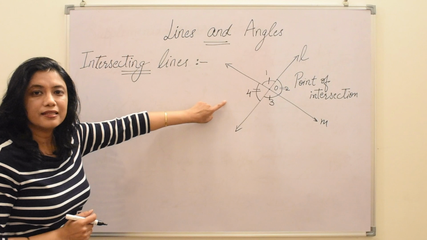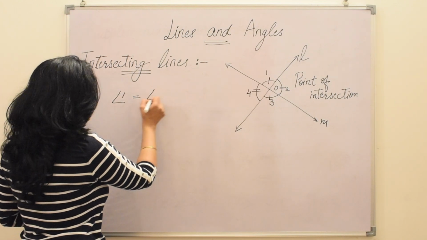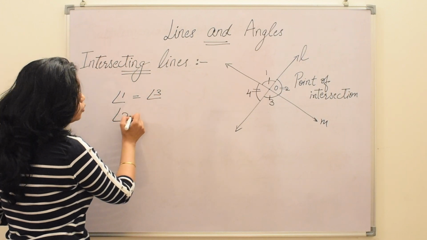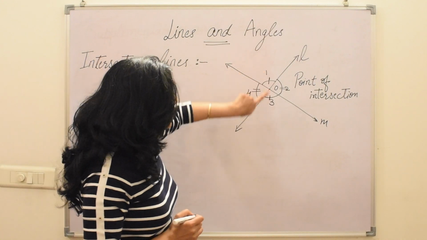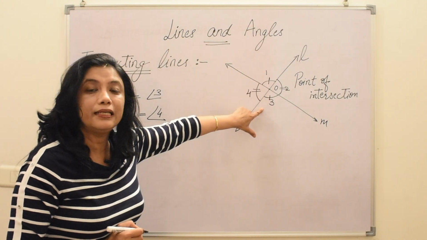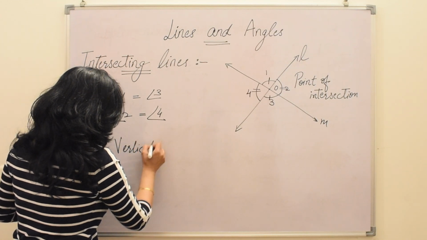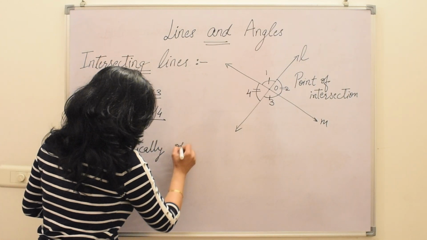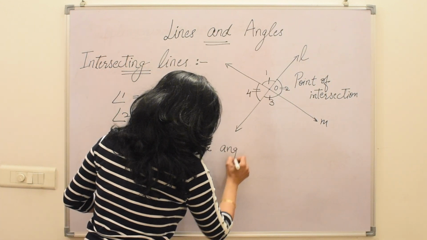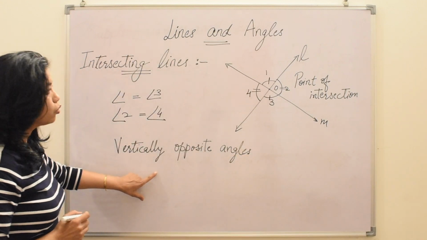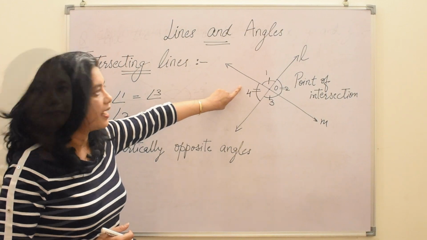These equal opposite angles are called vertically opposite angles. So the vertically opposite angles are equal when two lines intersect.